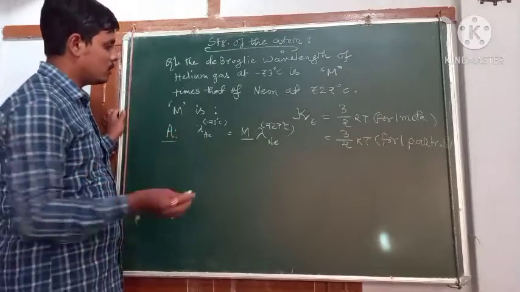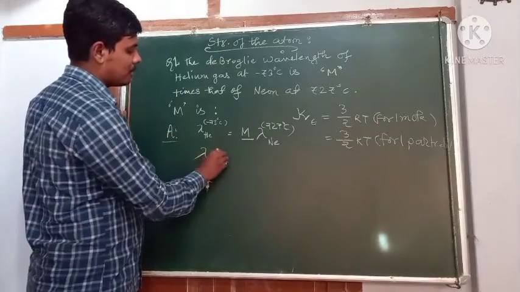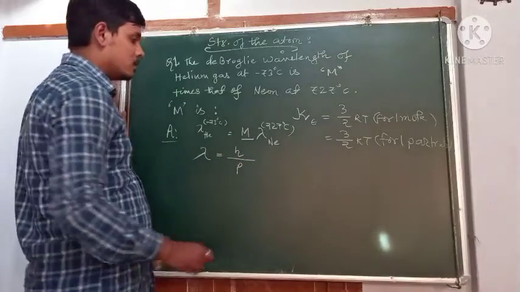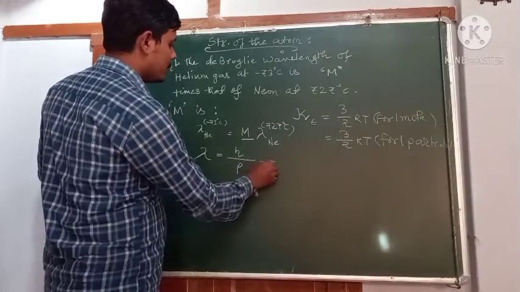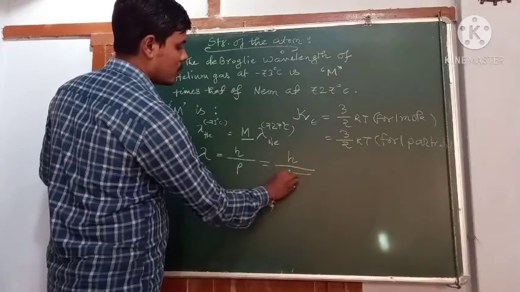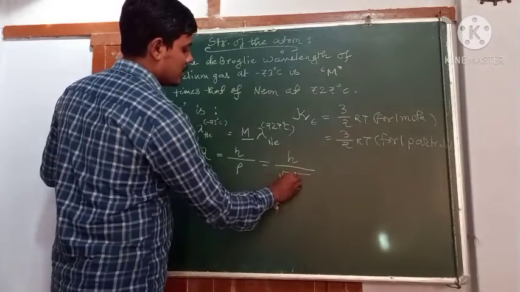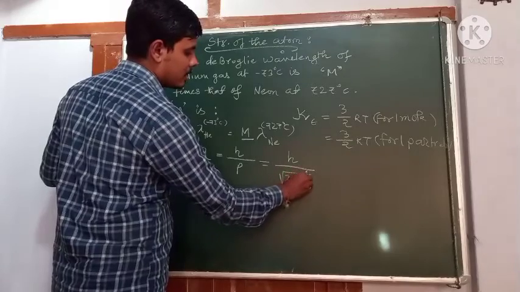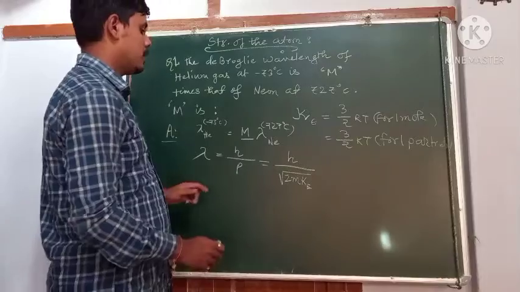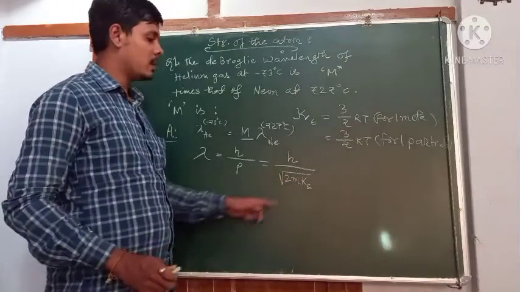Now, we know that de Broglie's wavelength lambda equals h by p, where p is the momentum. The relationship between momentum and kinetic energy lets us write it as h over root over twice m KE, where m is the mass.